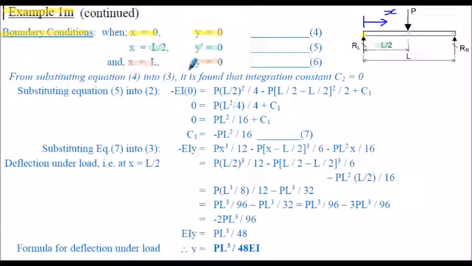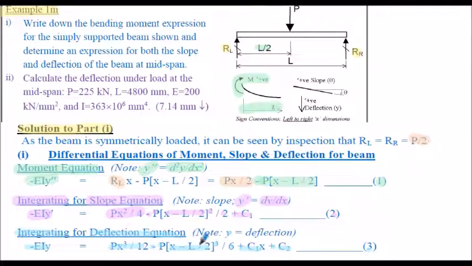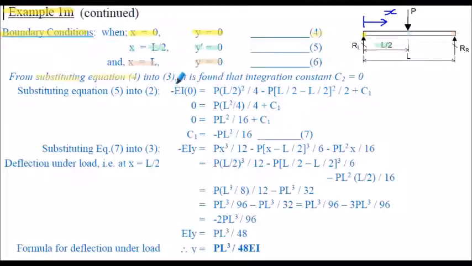So considering the conditions above, I'm now going to substitute equation 4 into equation 3. Don't forget equation 3, shown here, was our deflection equation. What we'll find then is that the constant of integration, C2, is 0.